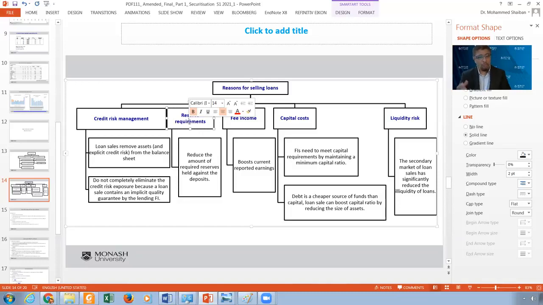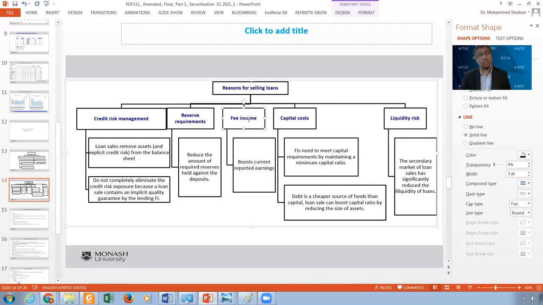So if you have 100 billion of loans and you sell 20 billion of them, or securitize 20 billion of them, which is 20%, and you manage to get this money back to the depositors, actually you now have only deposits of 80. In this case, of course, you will withdraw or decrease that reserve requirement in the central bank.